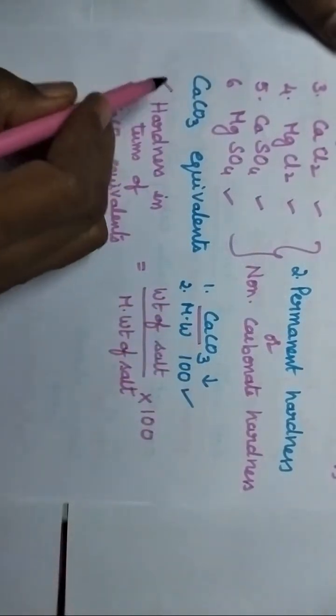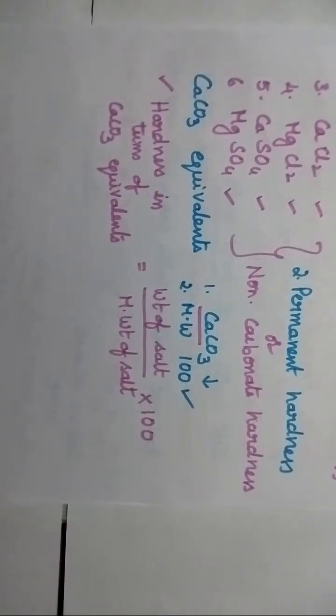This formula is highly useful for the conversion of the concentration of hardness producing salts in terms of calcium carbonate equivalents. So especially, what are the units that are used to express total hardness?